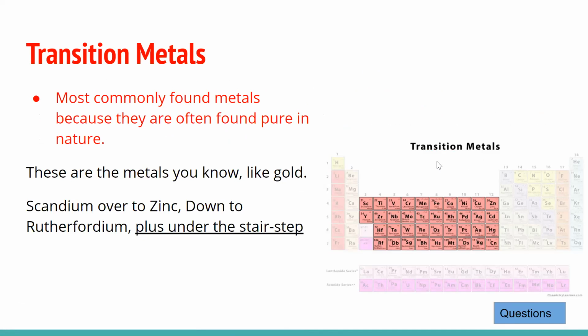You can find iron underground that is not chemically combined with another atom. And that's what transition metals are. They're metals that are often found in their pure form in nature. That's why they're the metals you know. You've never held a chunk of pure lithium because, well, it's highly reactive and it would probably explode with the moisture in your hand. But you might have held a hunk of iron before.